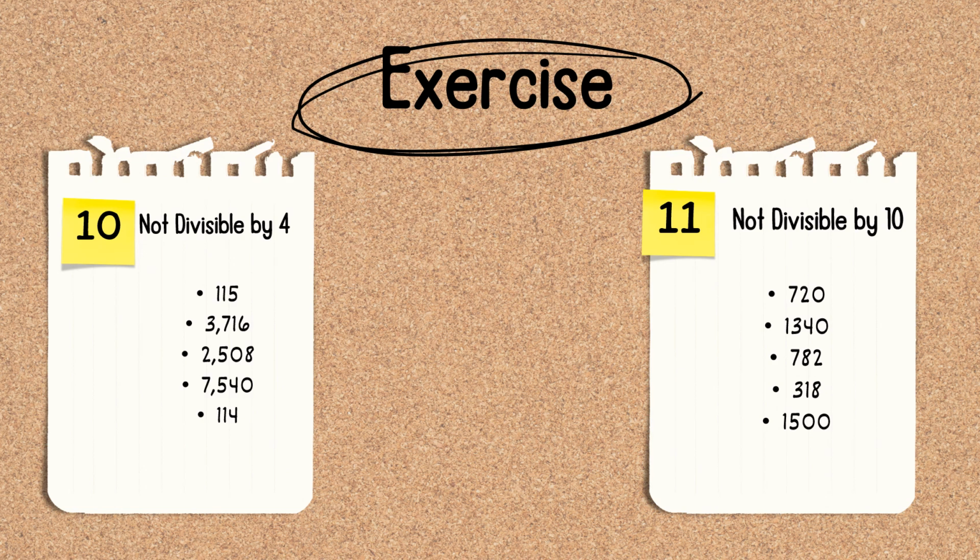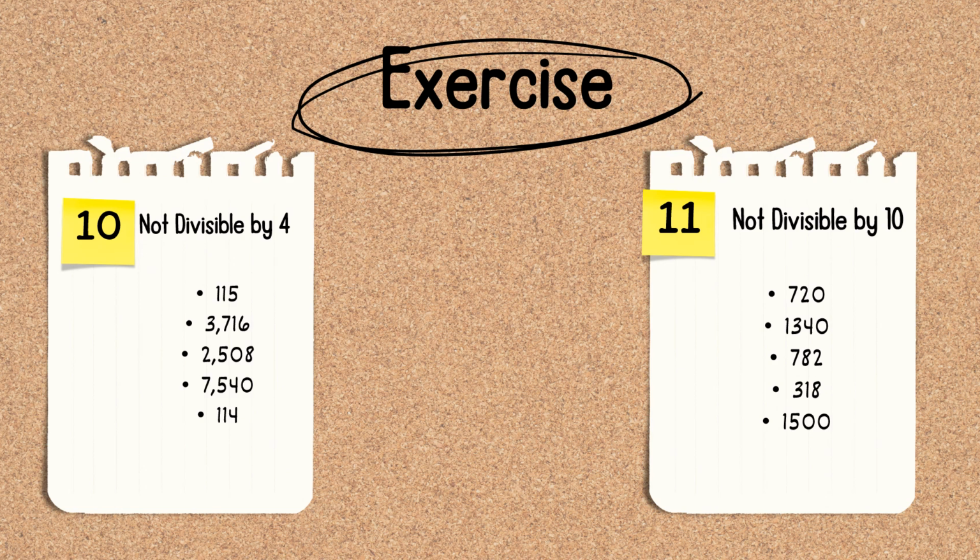So this number is out. We will not take it. It doesn't achieve the requirement. 114. 14 is divisible by 4? No, 14 is not divisible by 4. It is not in the times table of 4. So yes, we will take this number. It achieves the requirement of the question.